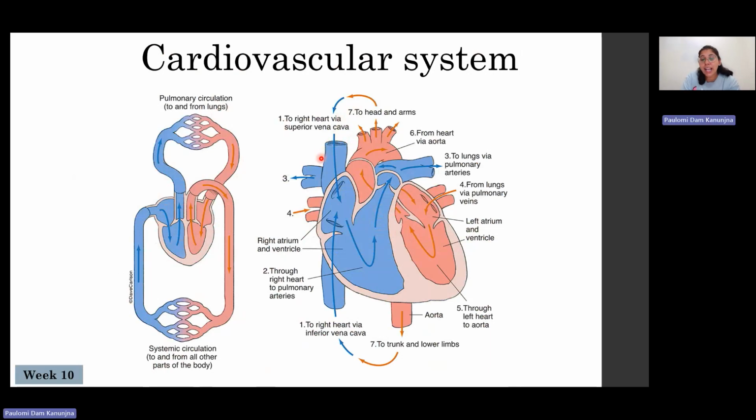So the first thing that happens is, via the vena cava, the deoxygenated blood goes into the right atrium. From the right atrium, it goes to the right ventricle. From the right ventricle, it goes to the lungs. Why? Because this is deoxygenated blood, which means it is rich in carbon dioxide and has low oxygen.